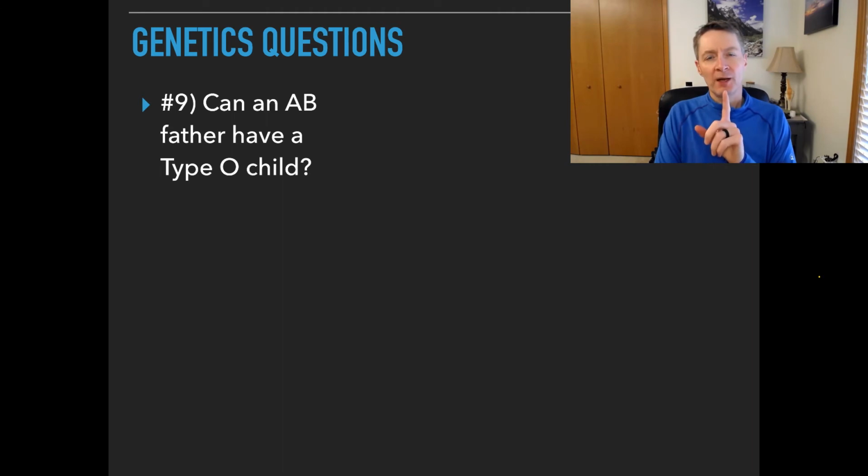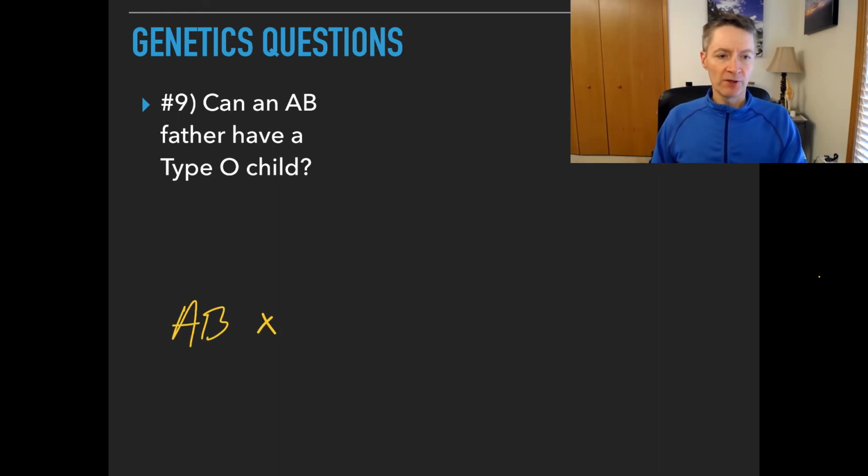But we have to look at this and understand that each parent has to give a gene to their child. So one way to approach this is we write down what we know. I know that there's an AB parent. So I write down AB is going to be crossed with another parent, right? There's going to be some genes from one parent, some genes from the other parent.